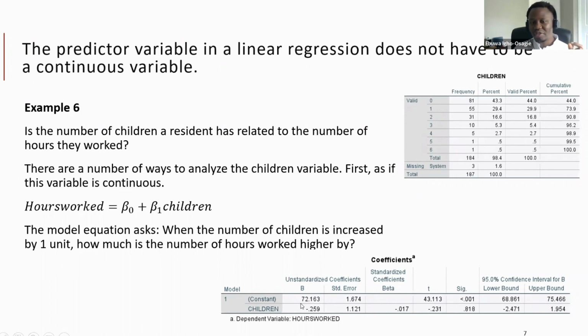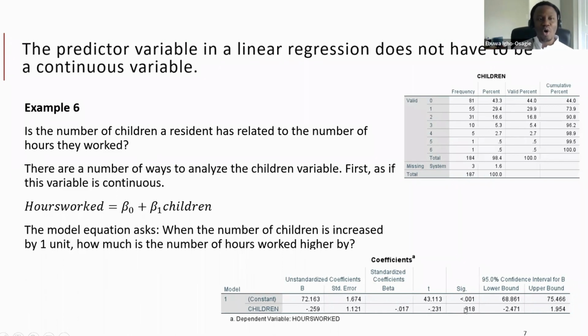But this coefficient is saying that because we are treating this as a continuous variable, for every 1 unit increase in children you have, your work hours will reduce by 0.3. But look at our p-value of 0.81.